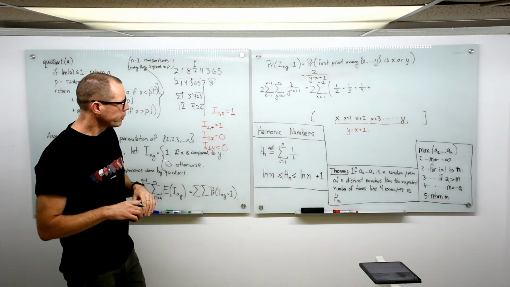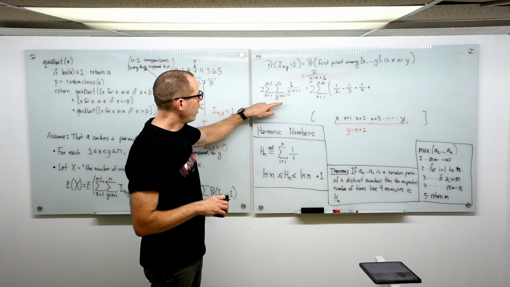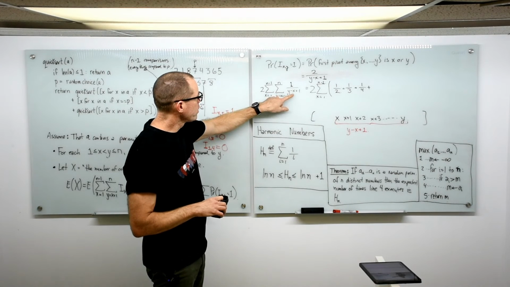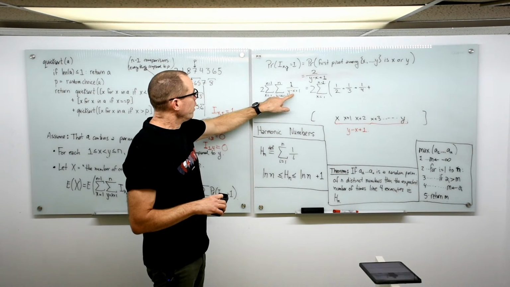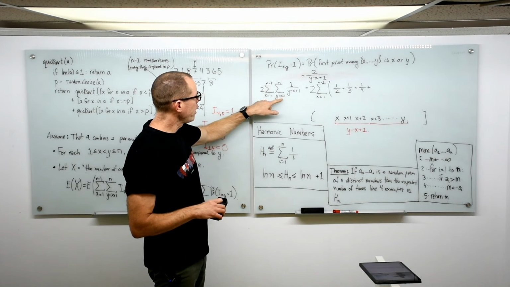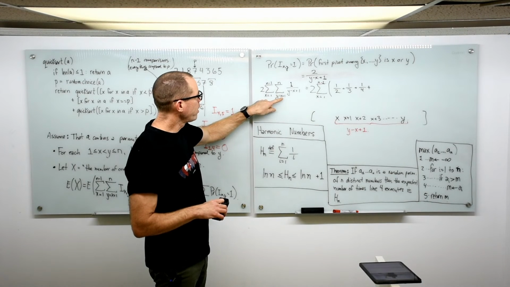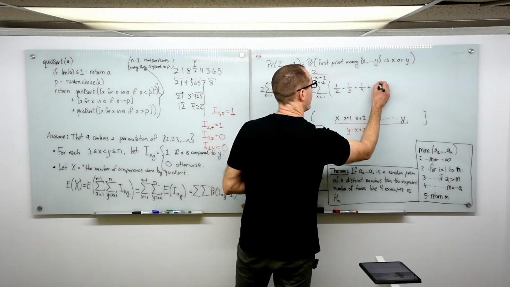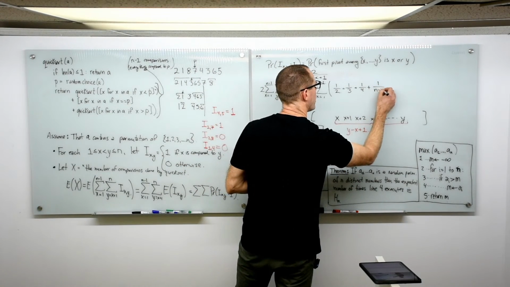And so on, all the way up to the difference between x plus 1 and n, so this goes all the way up to n minus x. So 1 over n minus x.